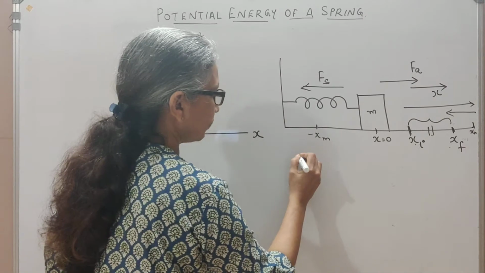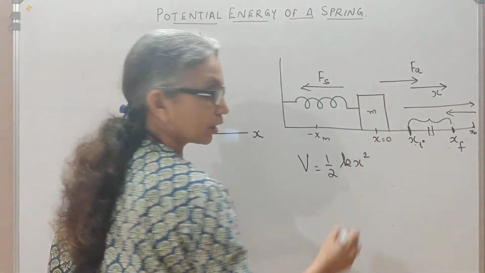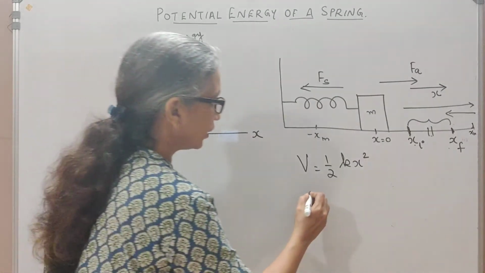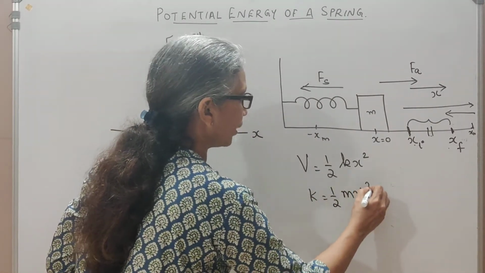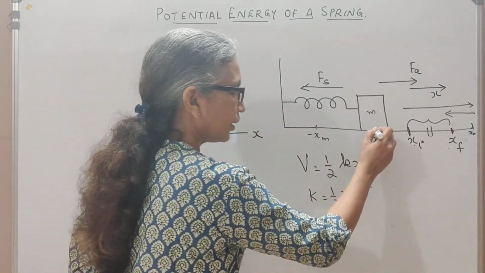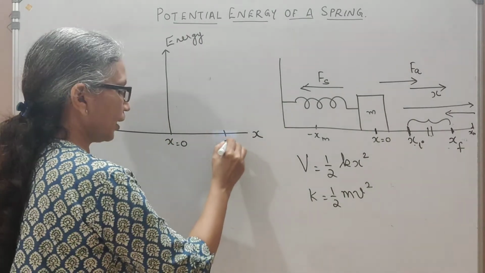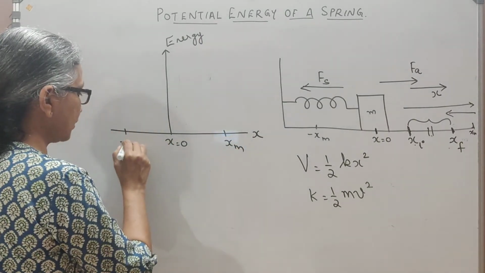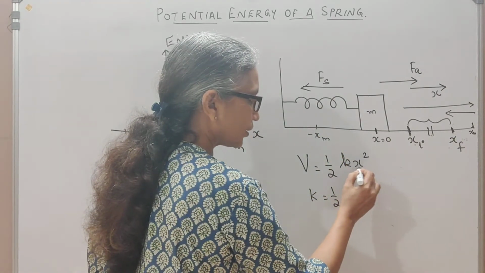Now we know that the potential energy is given by half kx square in the case of a spring, and the kinetic energy is half mv square, where m is the mass of the block. At the equilibrium position, x equal to 0, this is xm and this is minus xm.